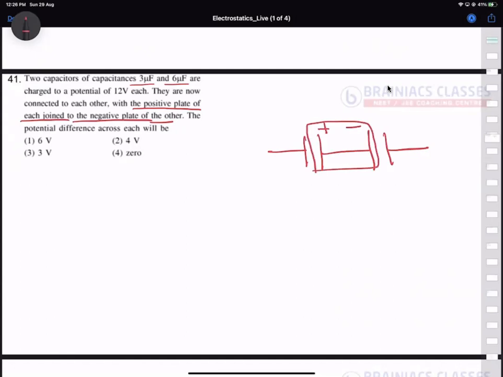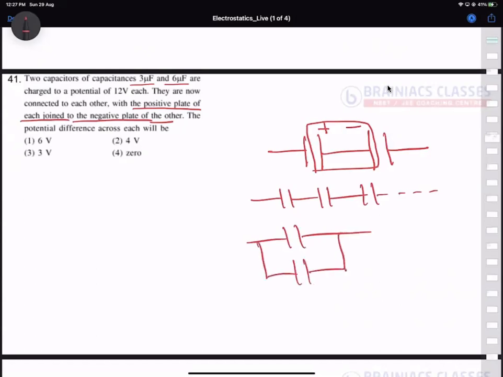The potential difference across them. Wherever you learn series and parallel combinations of capacitance, it is a very common topic that the teacher will discuss. Normally it is negative with negative and positive with positive, but here positive is connected with negative plates. This question is not a series connection; it is about parallel connection.